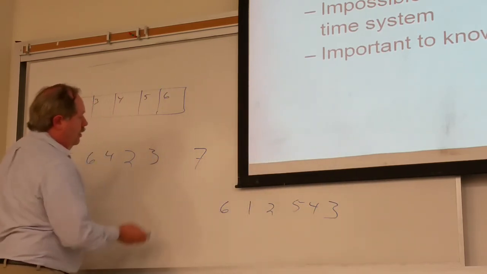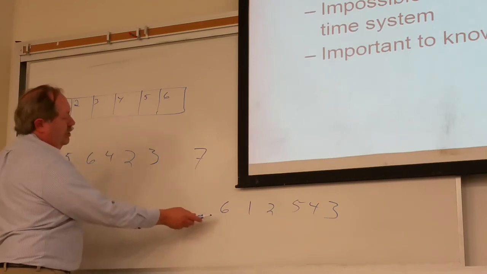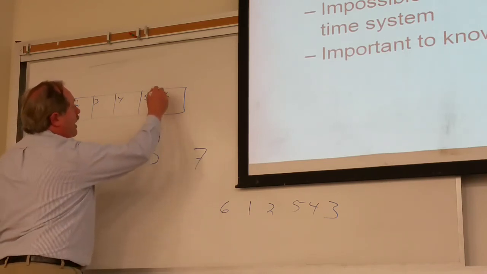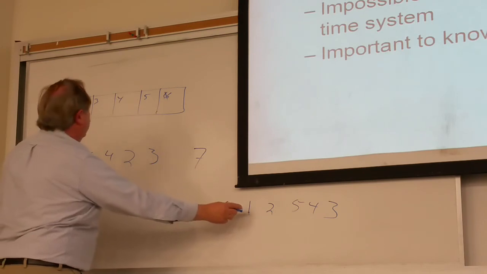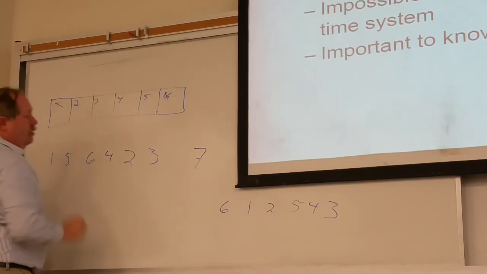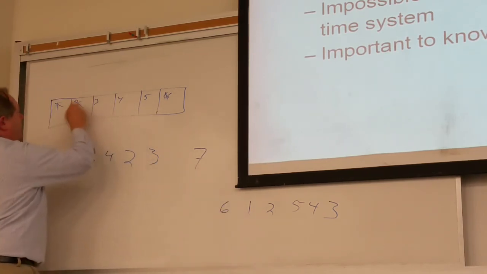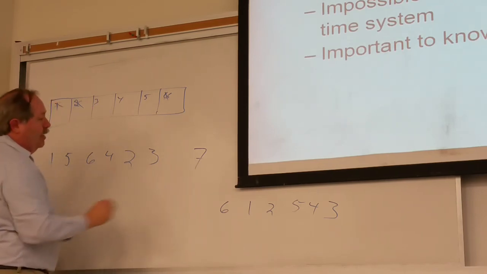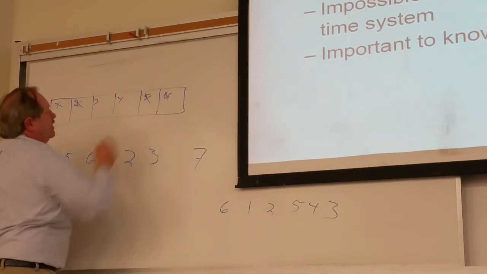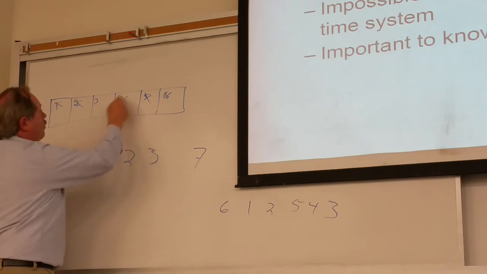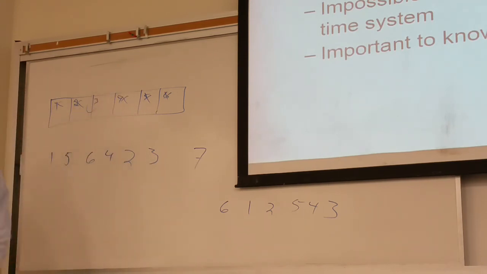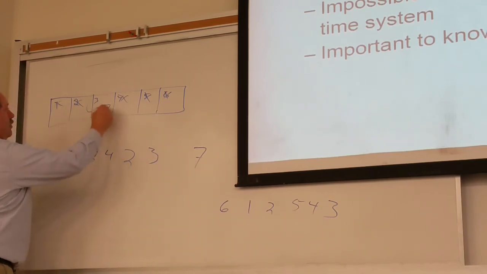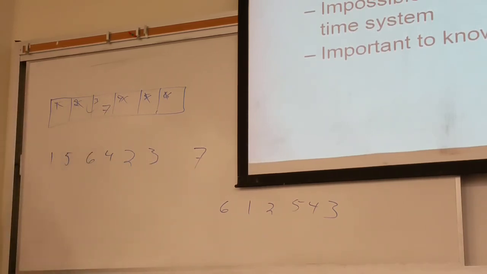So if 6 is the next one, I want to keep that in main memory. 1 is shortly after that, I want to keep that in main memory. 2 is getting further away, but it's still close, I want to keep that one. 5, okay, I want to keep that one. 4, well, that leaves 3. That's the one I want to kick out and put 7 into.